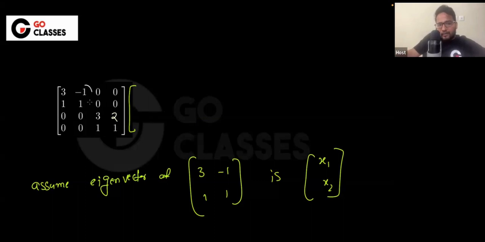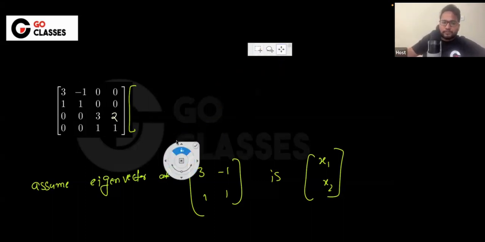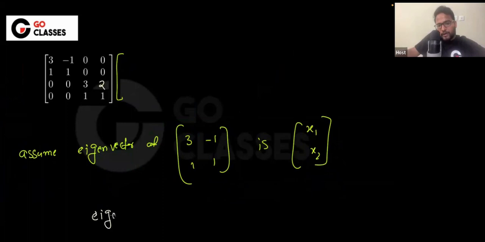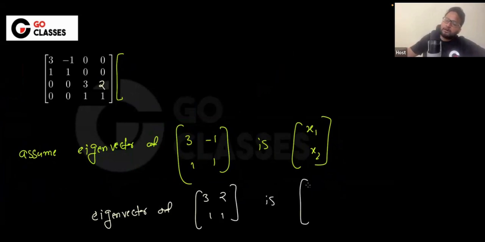Suppose the eigenvector of this is x1, x2, and assume the eigenvector of the other matrix, 3, 2, 1, 1, is something, maybe x3, x4, or y1, y2. Maybe let's suppose y1, y2. Okay.